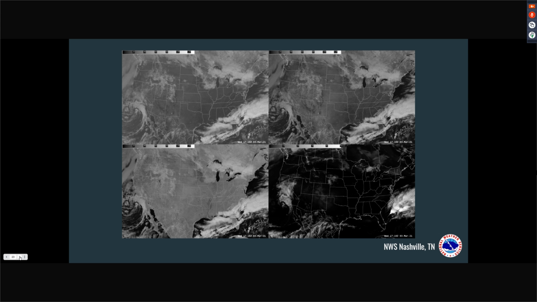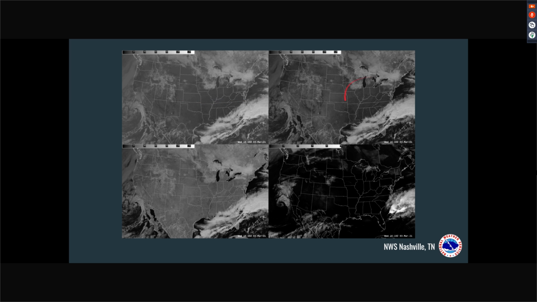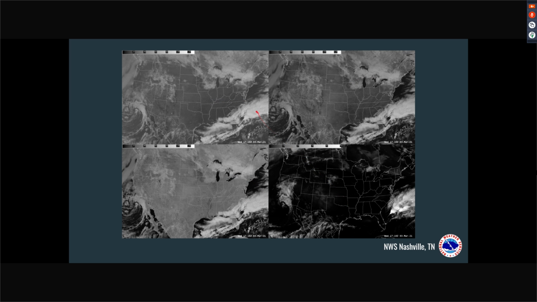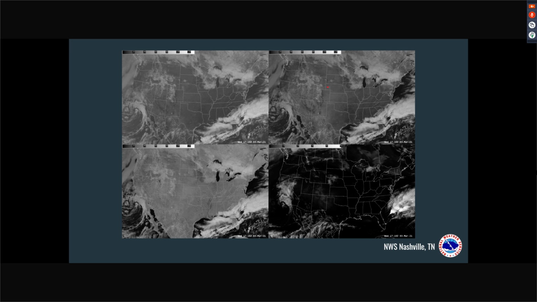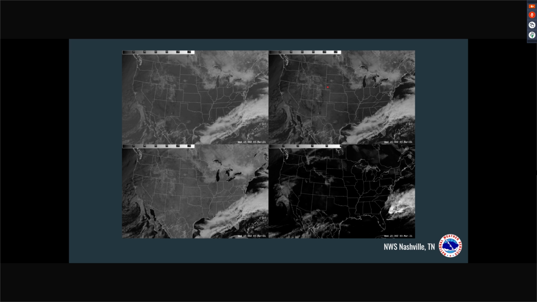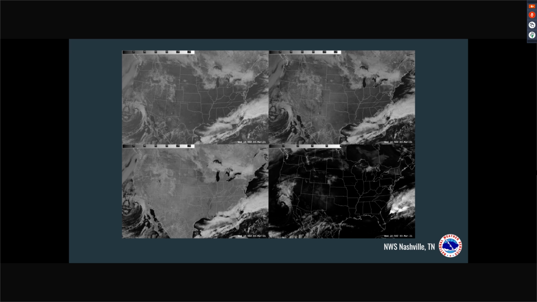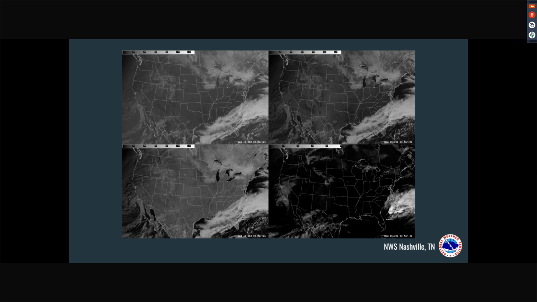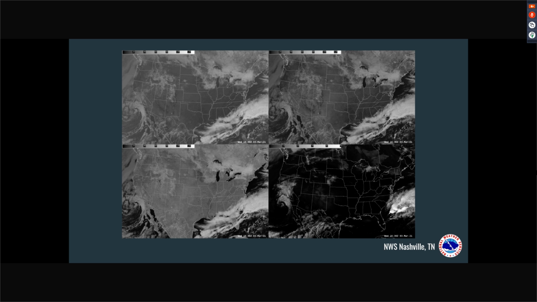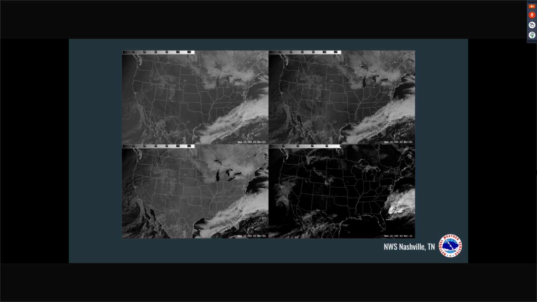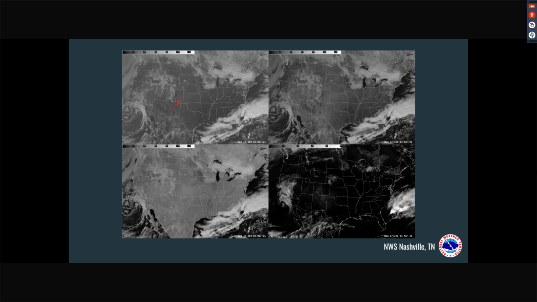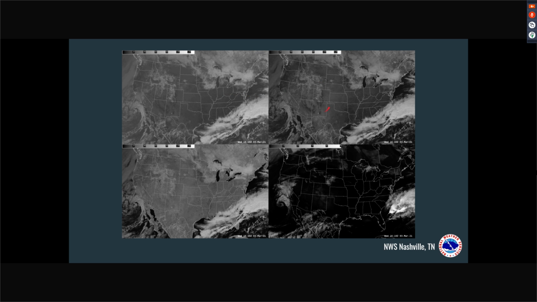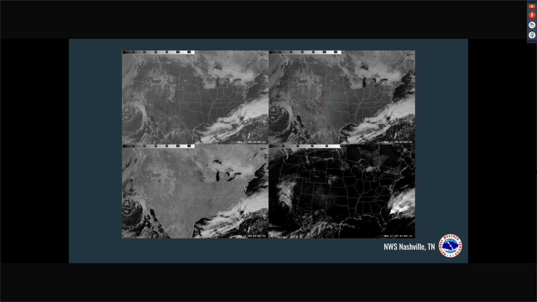So if we blow this up, we have our blue, our red, our veggie band, and our Cirrus band. Our blue and red images, generally speaking, show us similar information. A lot of times we're able to deduce where clouds are located, where snow is located, different things like that. Especially when you animate images, you're able to deal with different characteristics here. If we take a look over Colorado in both of these images, you can notice there are some white features here, but nothing is moving.